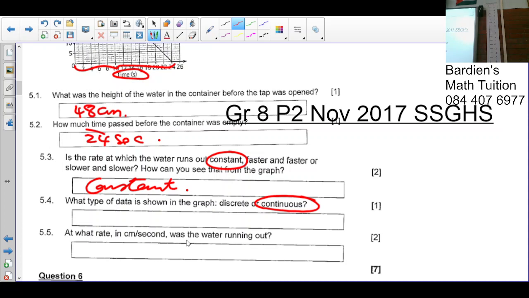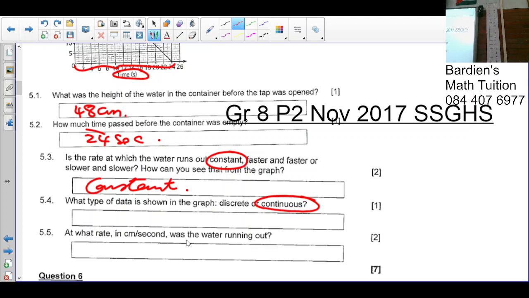Like if we count how many people are in this room, that's going to be an example of discrete data, because there's no half people here. Likewise, we count the number of cell phones in this class.